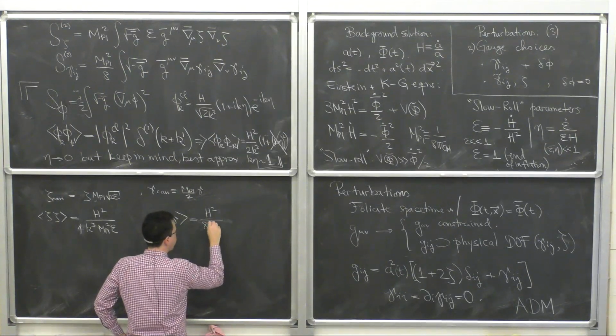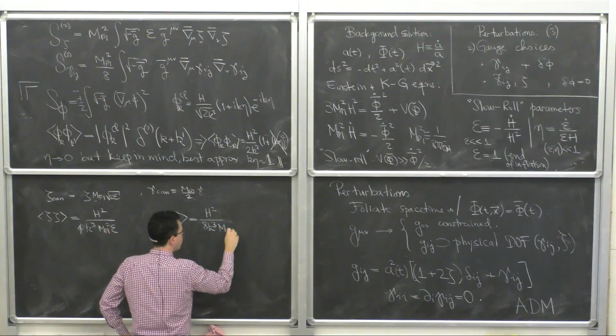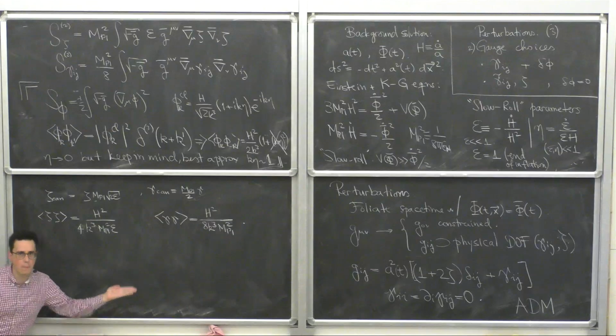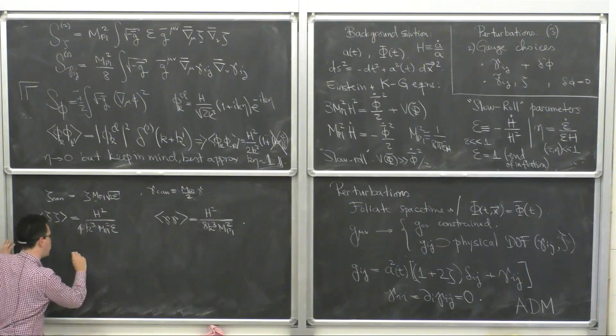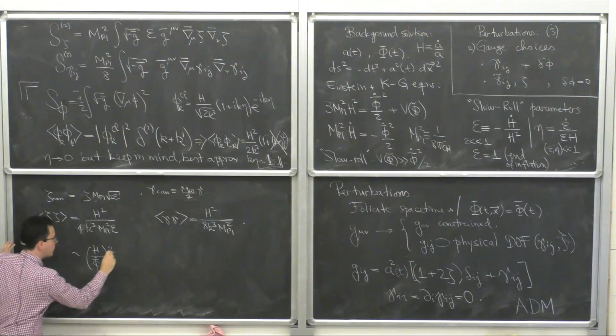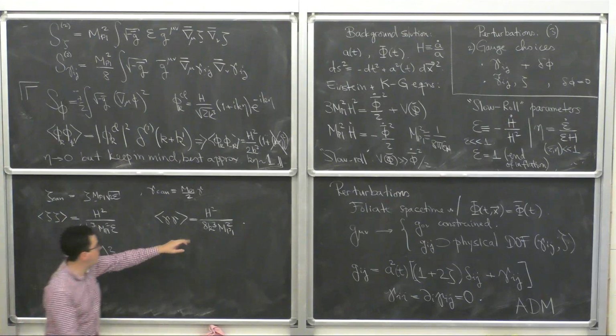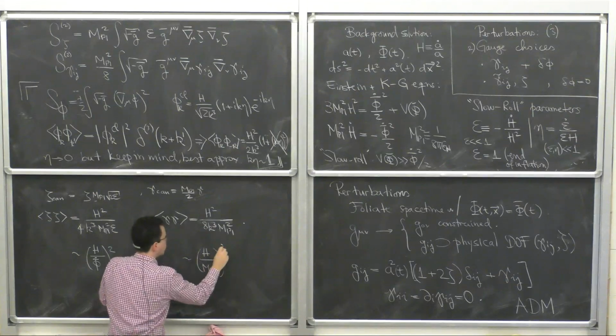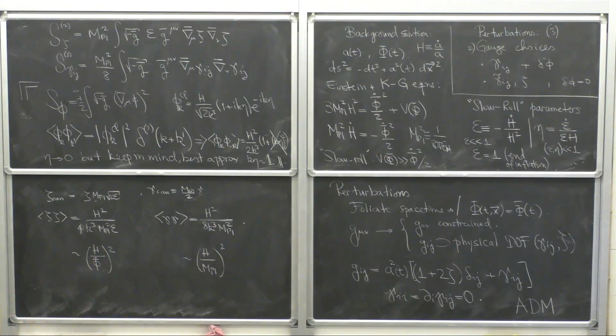I'm sure that the factors of 2 are completely wrong, okay? But the important thing is the scaling. So because epsilon is very small, you boost. So remember, this is really h over phi bar dot squared, the strong coupling scale for the scalar, while this is h over m Planck squared, the strongly coupled scale for the graviton.